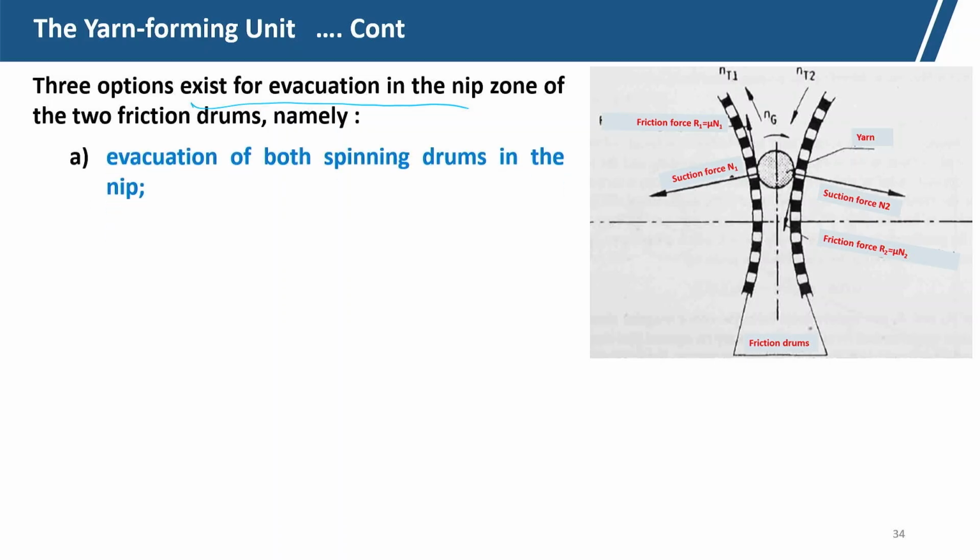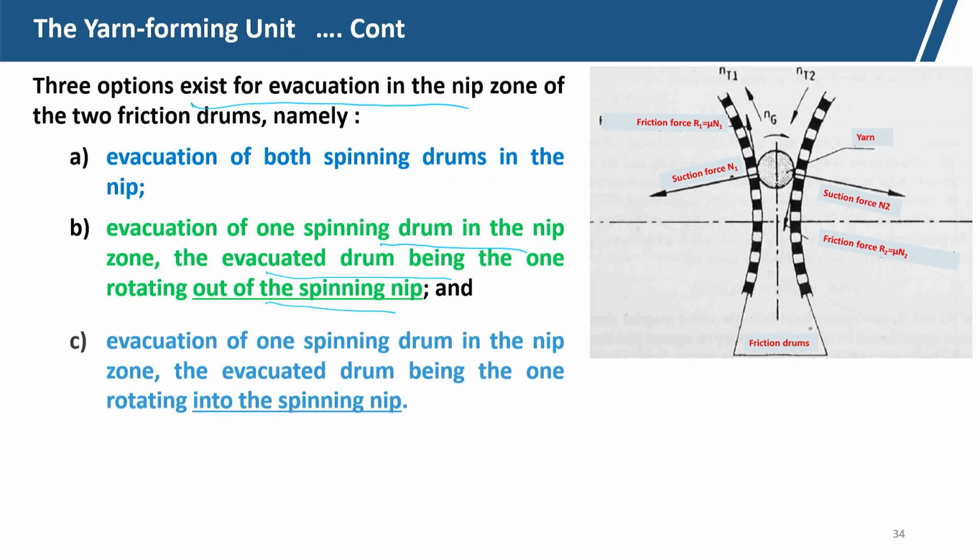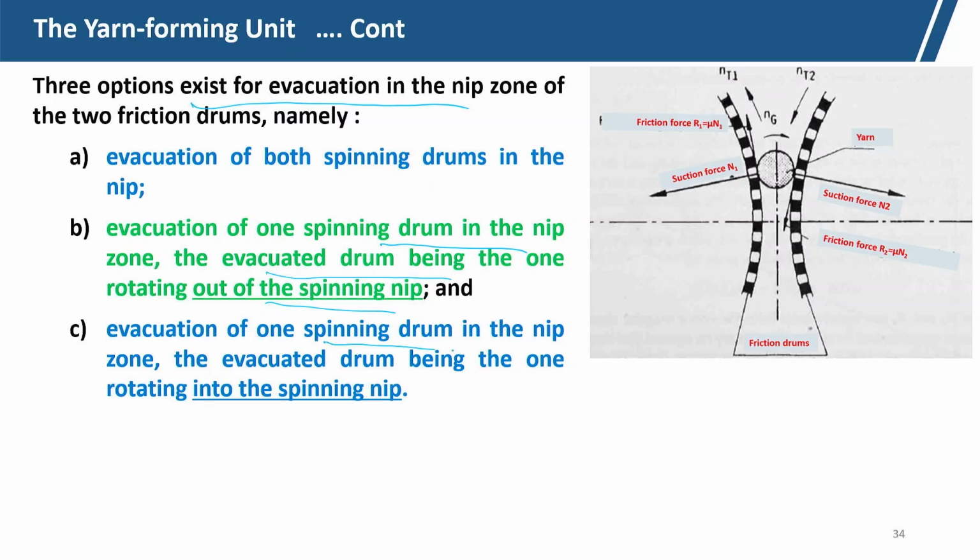One is evacuation of both spinning drums in the nip. Another is evacuation of one spinning drum in the nip zone, the evacuated drum being the one rotating out of the spinning nip. The third is evacuating one spinning drum in the nip, the evacuated drum being the one rotating into the spinning nip. So, this is the spinning nip: one drum is moving out, another is moving in.